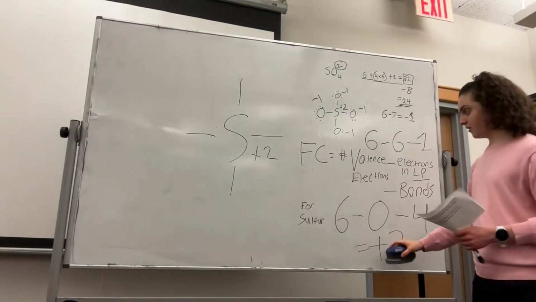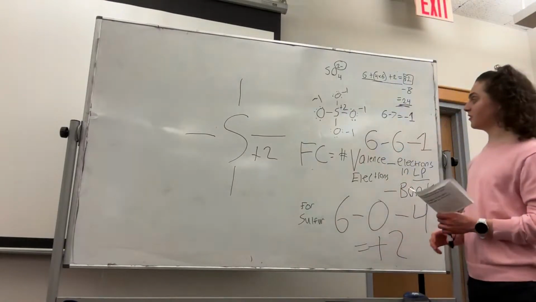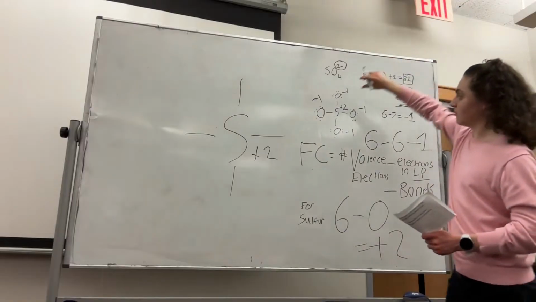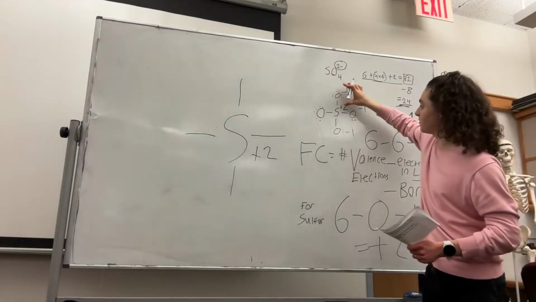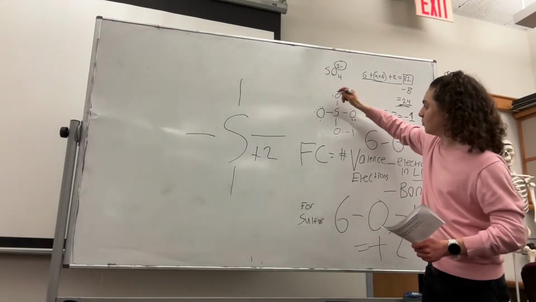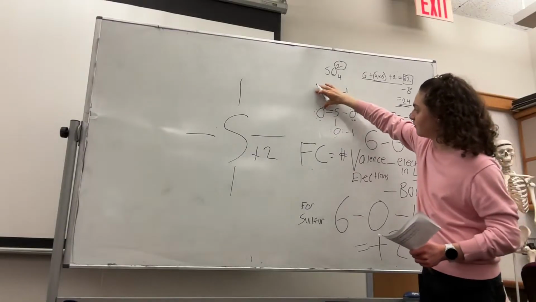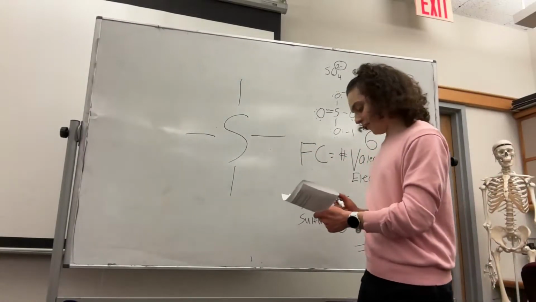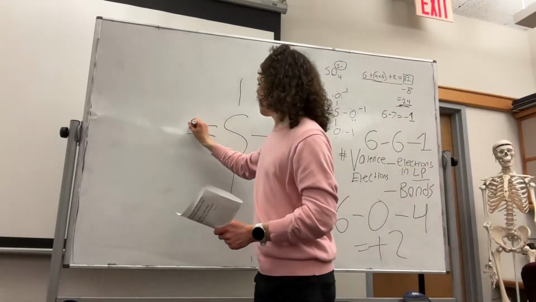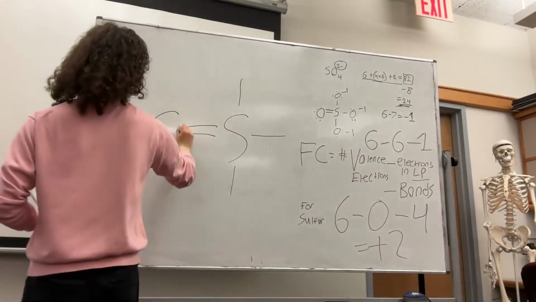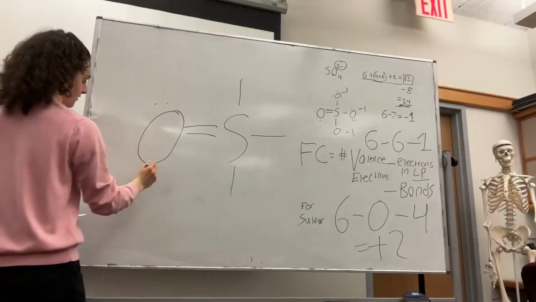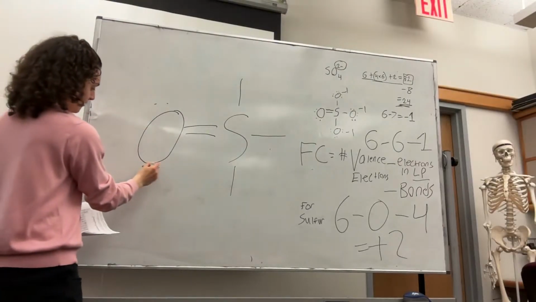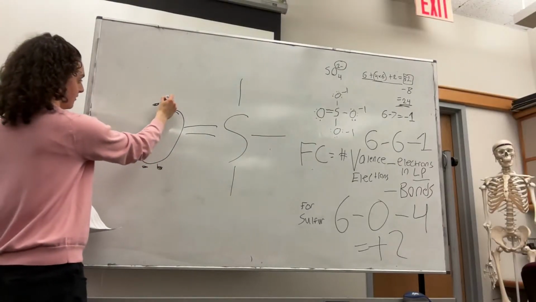Okay, so from here, I take 2 electrons from this oxygen. I put them onto sulfur to make a bond. Every bond has 2 electrons. And then our sulfur now has this bond to oxygen, and I'll draw these electrons big so you can see here.